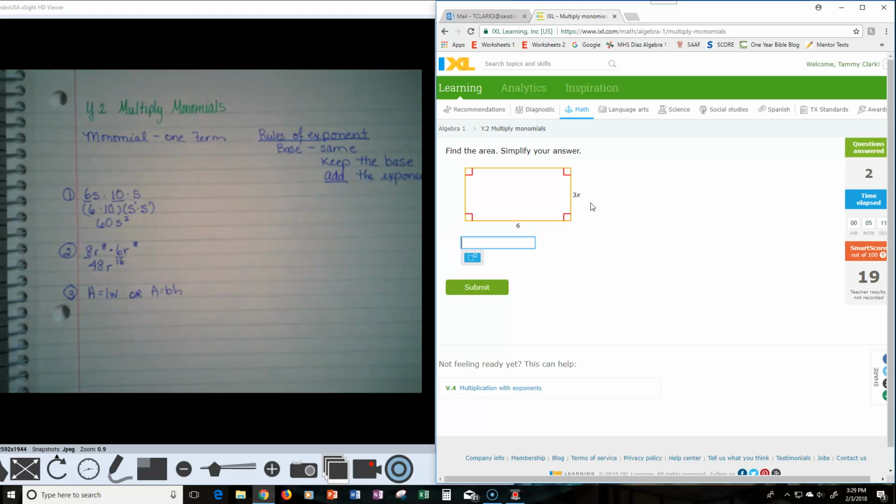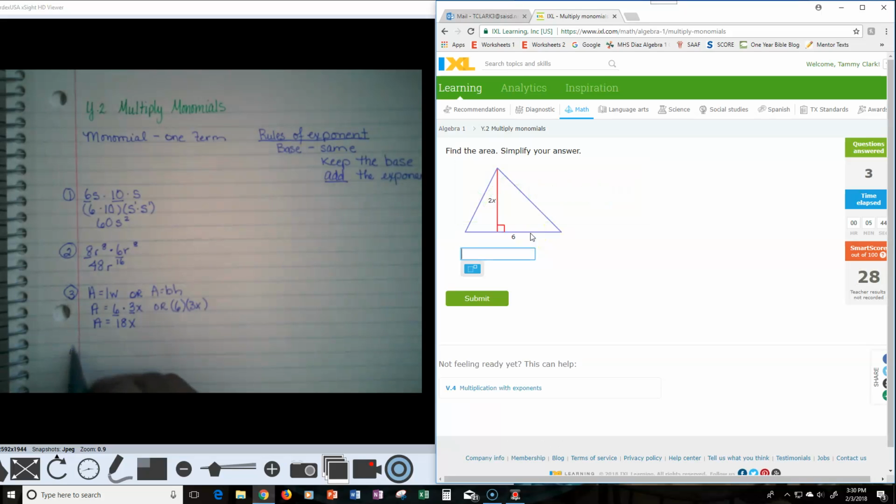Either formula will get you the right answer. So we have area is equal to 6 multiplied by 3x, or you might see it as 6 multiplied by 3x. Notice there's no plus or minus in between my parentheses there. So multiply the coefficients. 6 times 3 is 18. We don't have another x to apply, so our answer would be 18x.